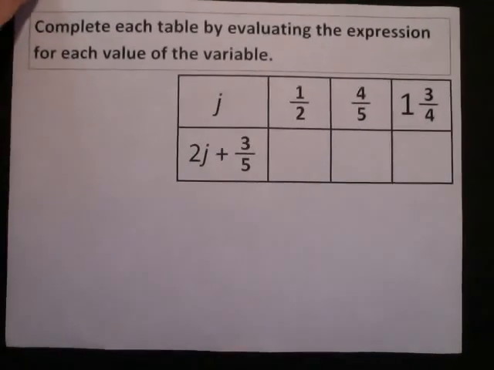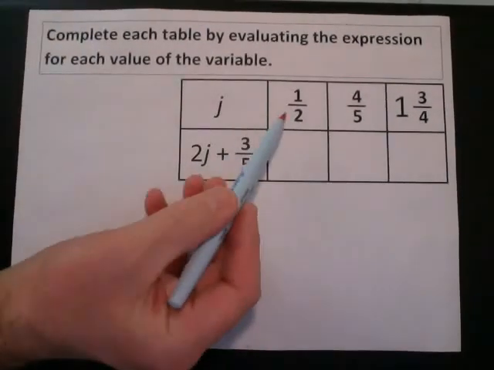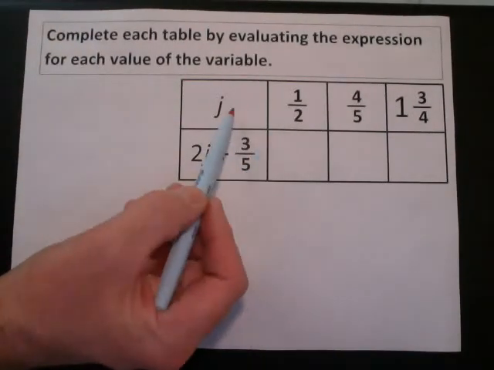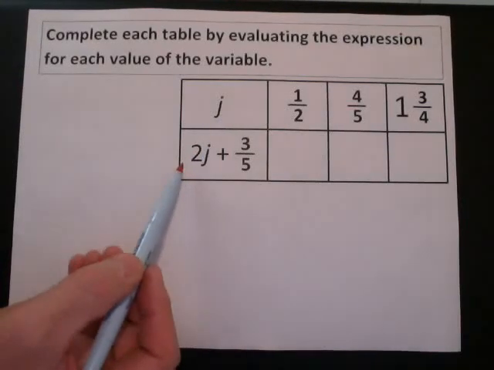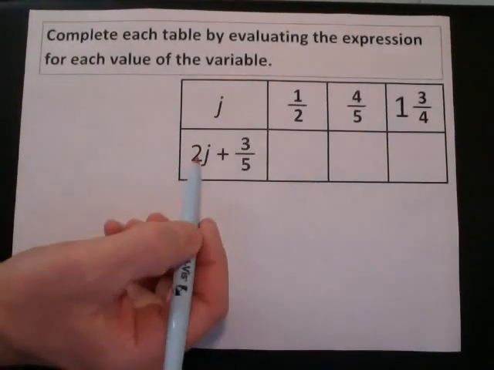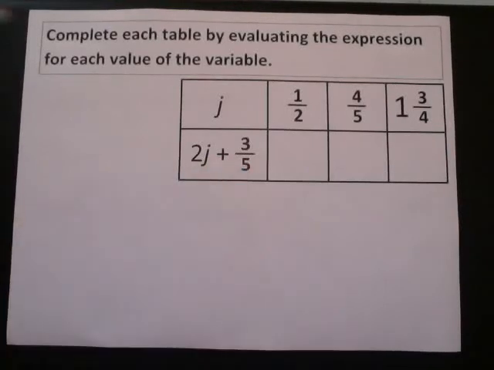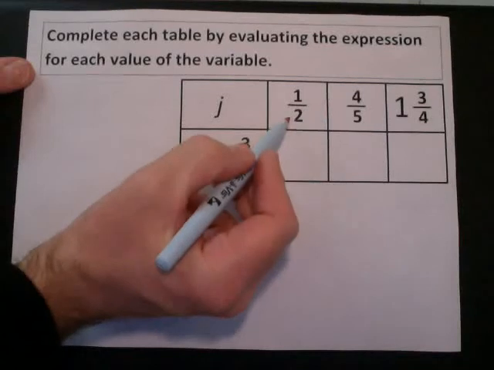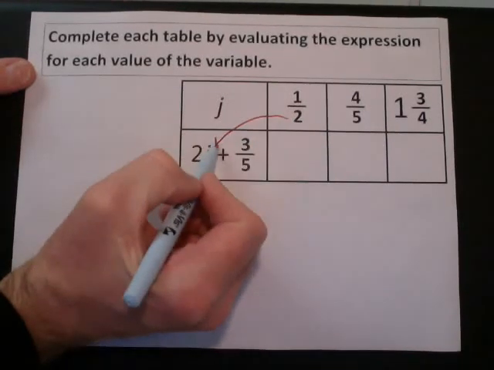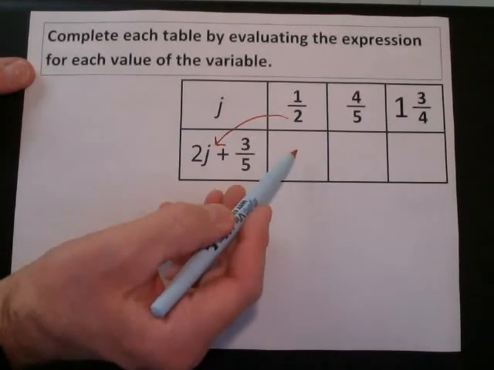When you evaluate it, you simply take this value and substitute it for J. Here is our expression: 2J plus 3/5. So what you'll do is substitute 1/2 for J, and that will give you your answer here.